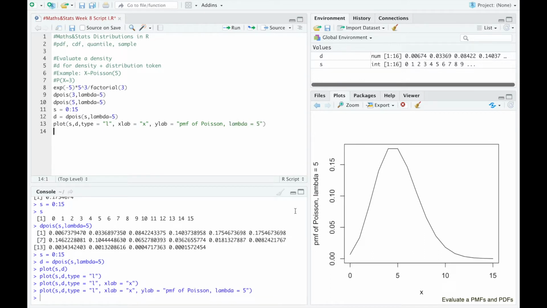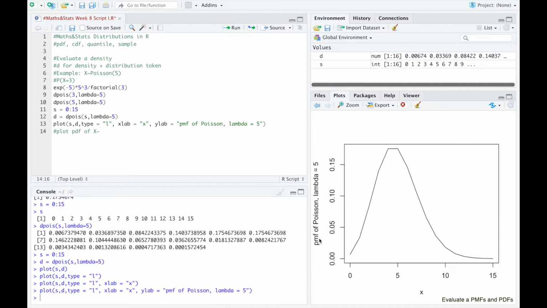Okay, and so we have also this label is changed.